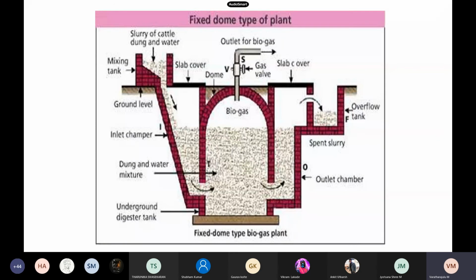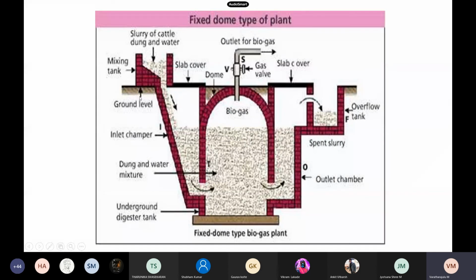Here we have the cylinder digester or a pit. We'll see one by one. The slurry is given as a feed here. We have the mixing tank at the ground level, the inlet chamber with dung and water mixture, and the underground digester system. We have the digester system, the fixed dome type biogas plant.